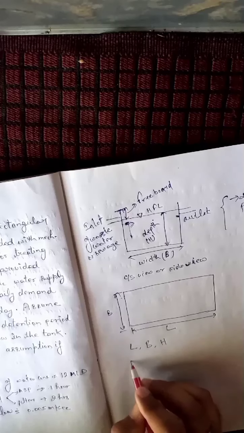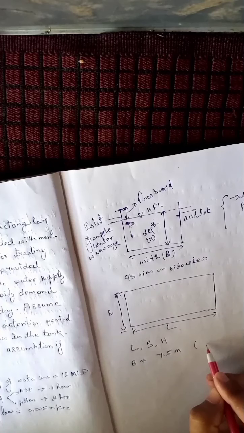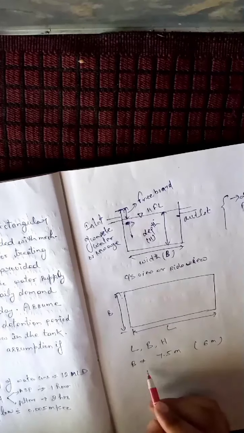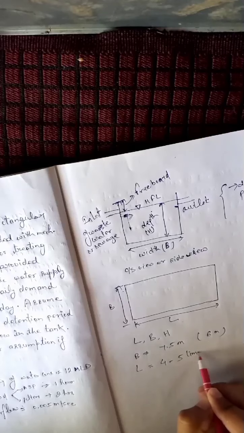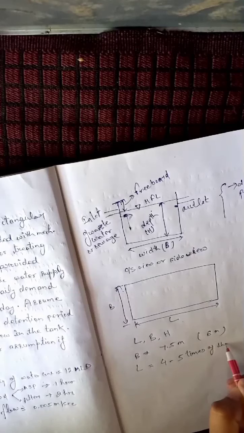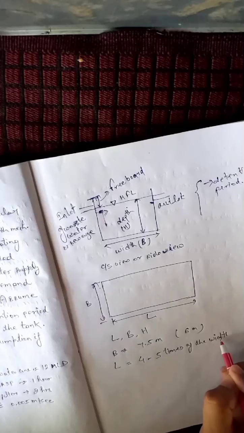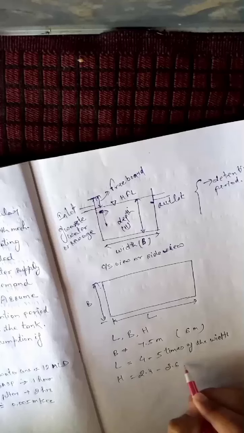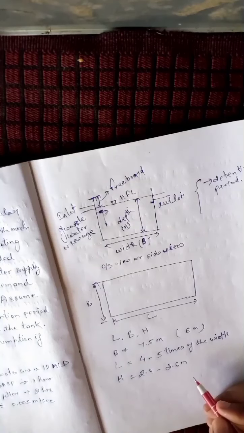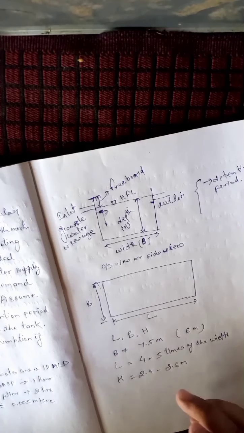For these values, there are some standard parameters: width should not be more than 7.5 meter, most generally it is adopted around 6 meter, and length of the tank will be 4 to 5 times the width. And height must be 2.4 to 3.6 meter for primary sedimentation tank, not secondary. It is for primary sedimentation tank.